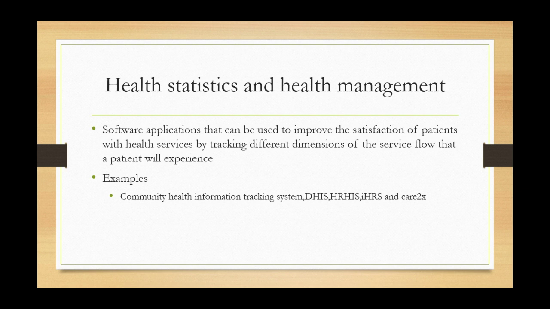Also, it enhances community awareness, and it improves patient communication. Examples of these software include Community Health Information Tracking System, CHITS, DHIS, HRHIS, IHRS, and Care2X. Those are the kinds of software.